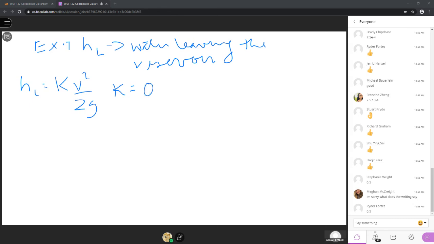Okay, so K equals 0.5. So this says, water leaving the reservoir.